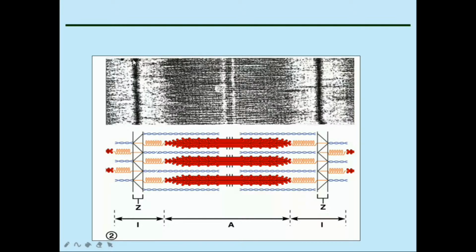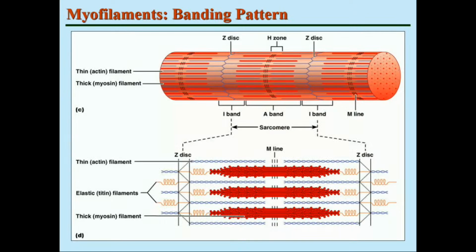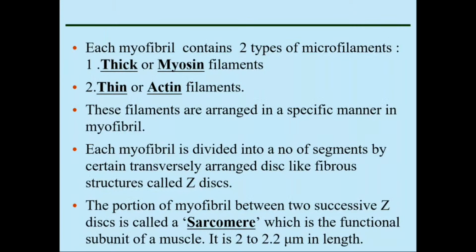This is the next Z disc. So these Z discs are transversely arranged across the length of the muscle. The portion of the myofibril between two successive Z discs is called a sarcomere.